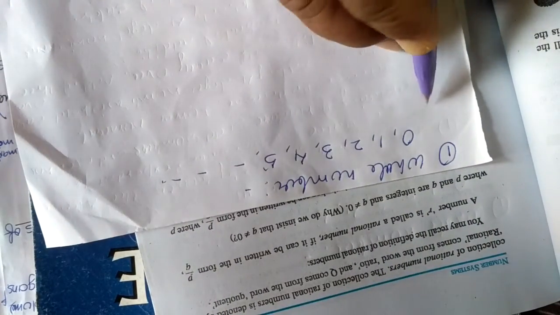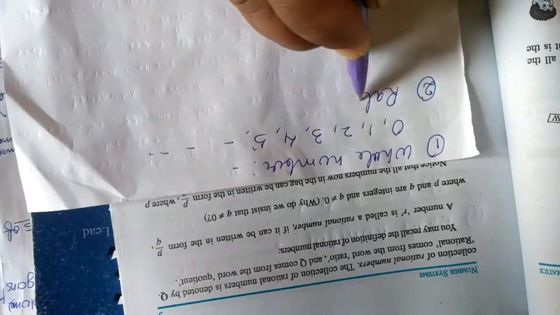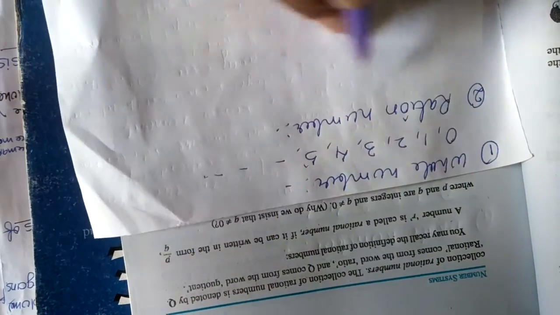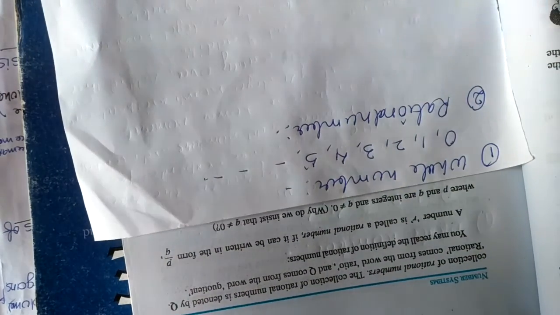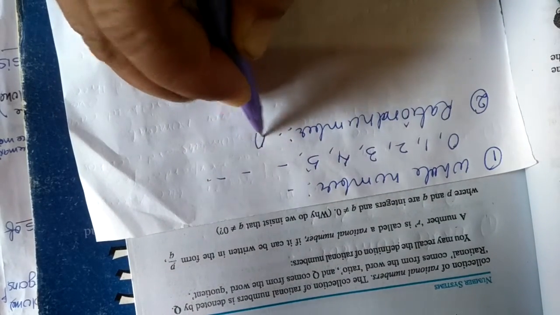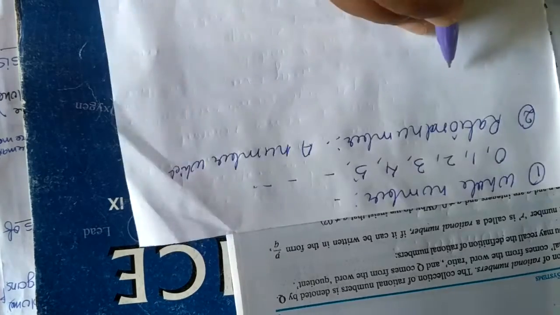Now see, the next type of number is the rational number. How can we define a rational number?